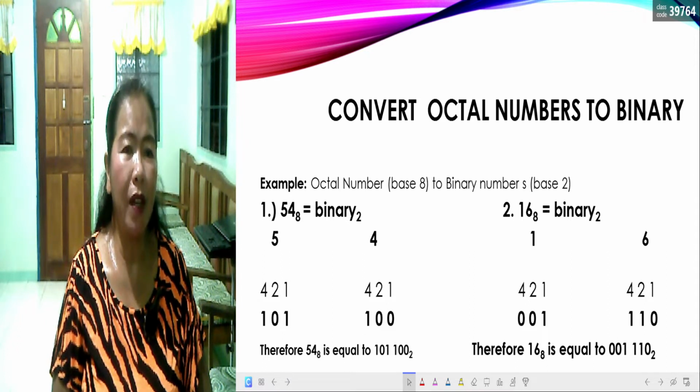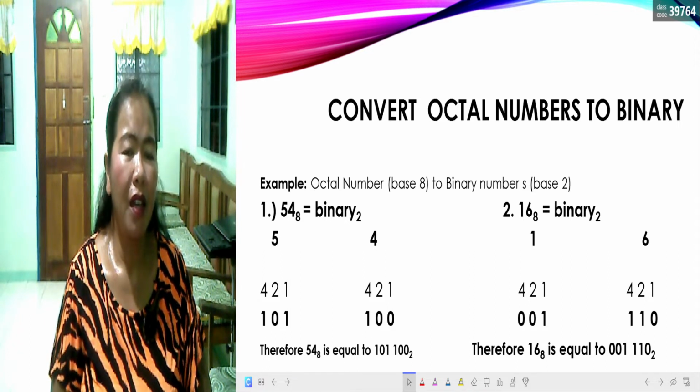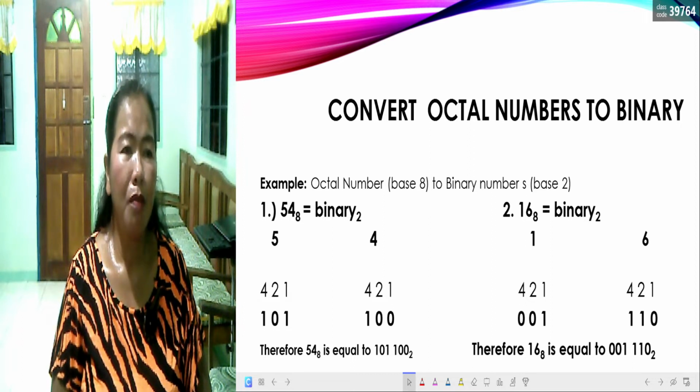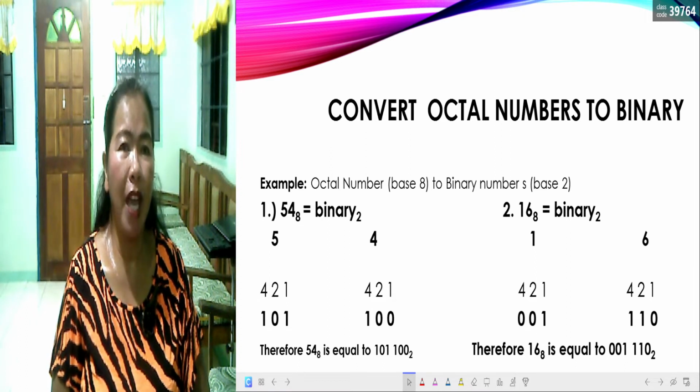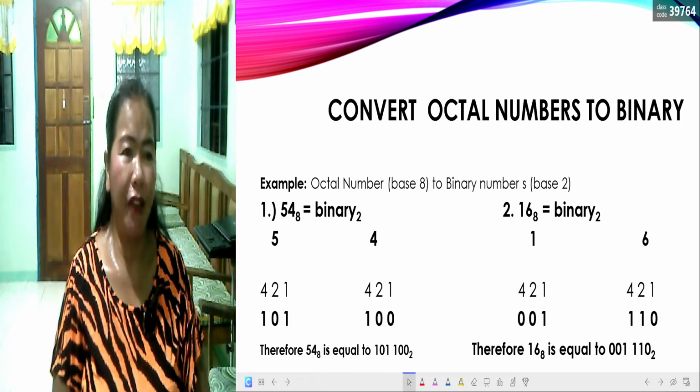So you can repeatedly write 777, 357, but you cannot use digits greater than 7, because I'll repeat, octal numbers are from 0 to 7.